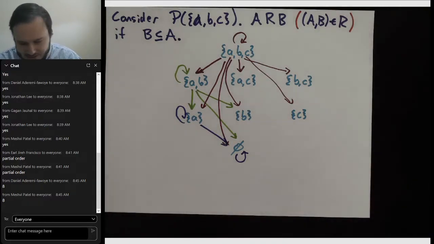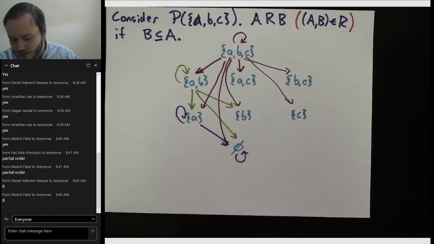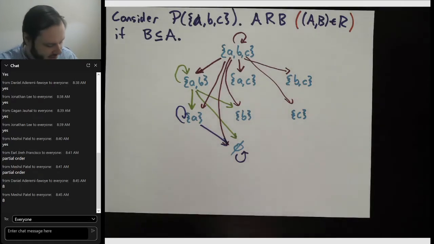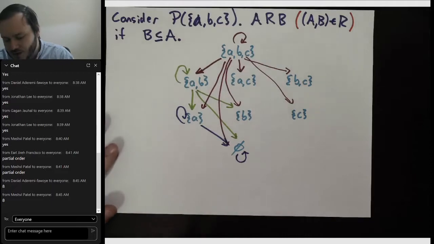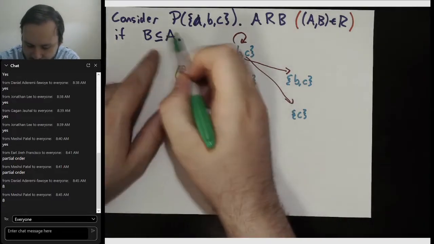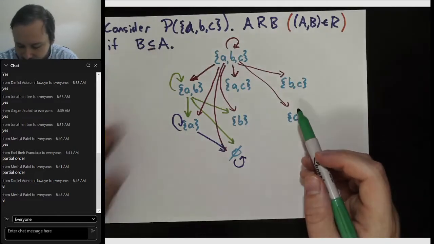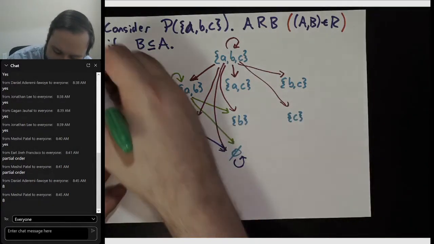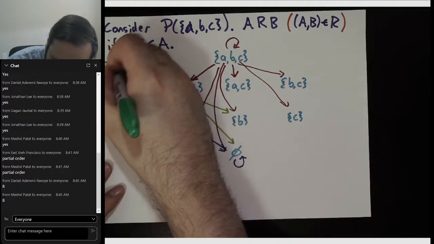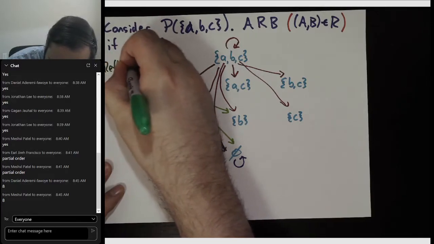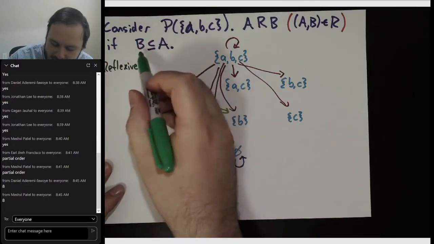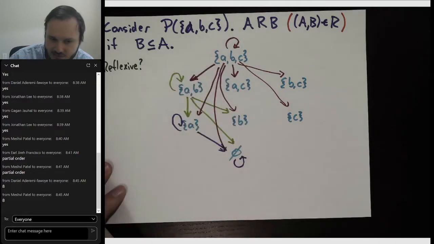So let's think about this question. And I've sort of given it away because I said that we're going to look at another partial order. But let's think about this question just in terms of this relation less than or equal, or subset of. Is this reflexive? Is any set a subset of itself?